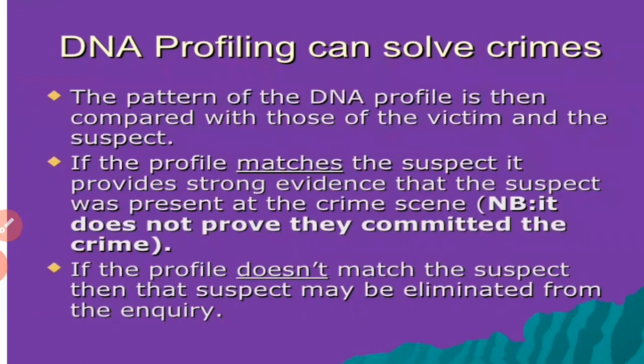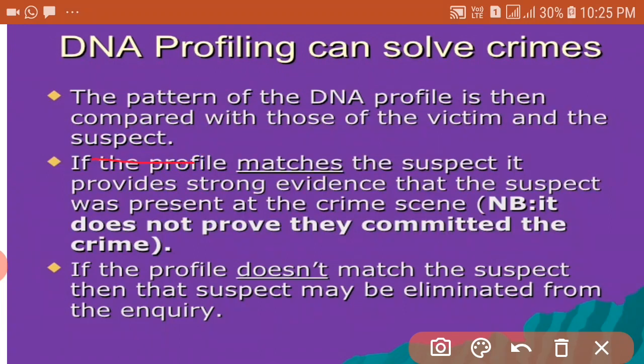The pattern of the DNA profile is then compared with those of the victim and the suspect. If the profiles of the two match, then there is strong evidence that the suspect was present at the crime scene.